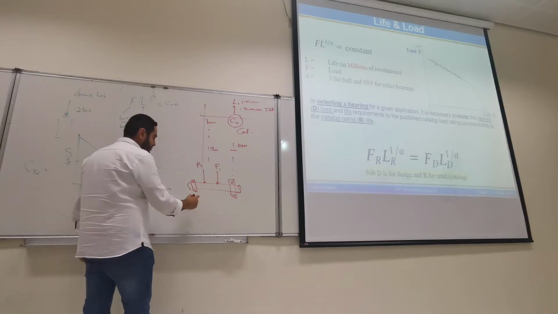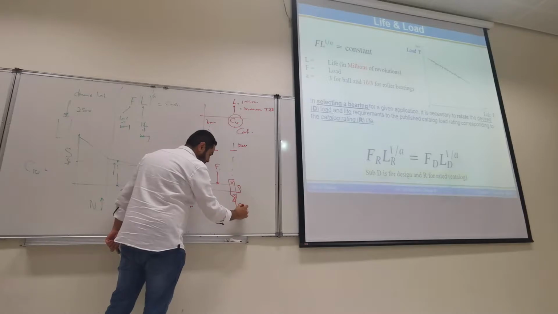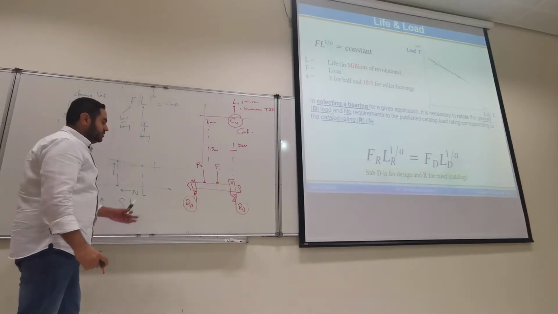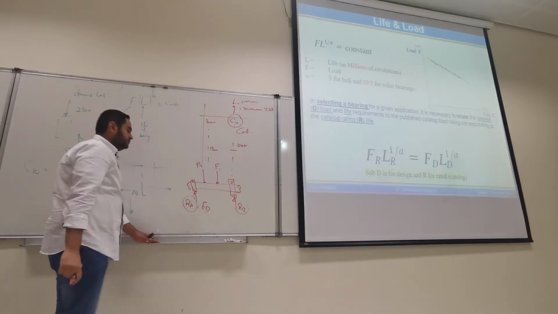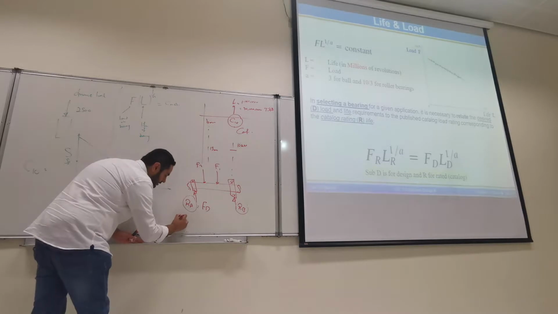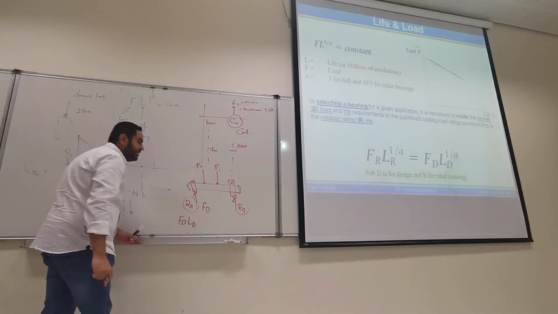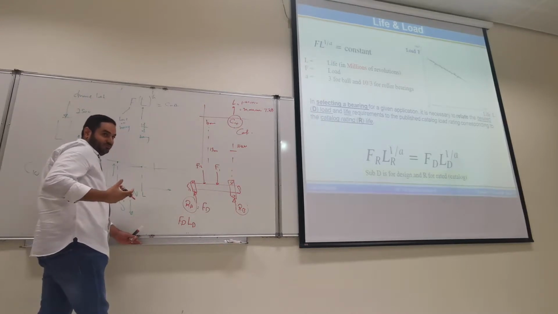So what I do is get the reactions, RA, RB, and this is the load on each bearing. The load on the bearing I will call FT, so it means the load on the bearing times the life of the bearing, 1 million. This is the desired life.